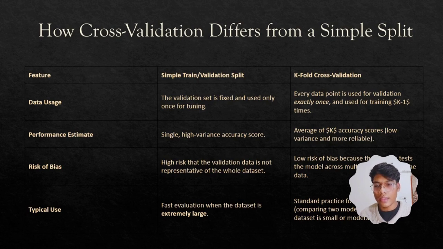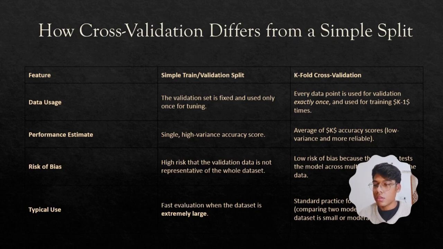In K-fold cross validation, every data point is used for validation exactly once and used for training K minus 1 times. For performance estimates, the simple split gives a single, high-variance accuracy score, whereas K-fold cross validation takes an average of K accuracy scores, which is low variance and more reliable.